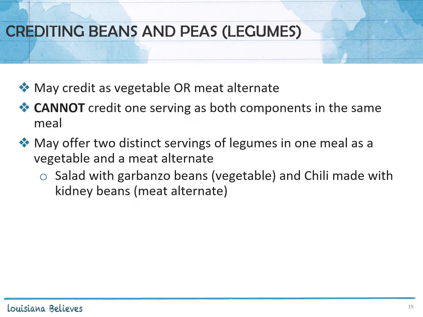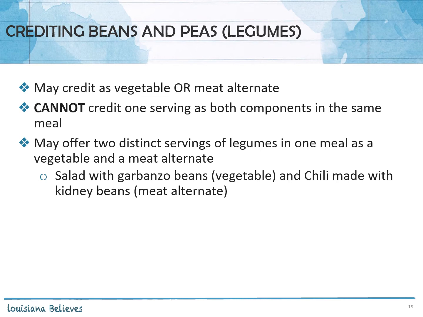Menu planners can decide how to incorporate beans and peas into the school meal. These foods may count towards either the vegetable or meat alternate component. However, schools cannot offer one serving of legumes and count it towards both food components during the same meal. Legumes can be offered as either component in different meals.